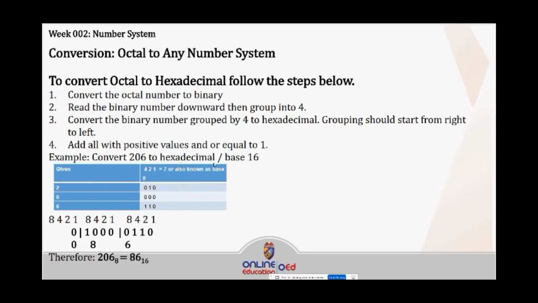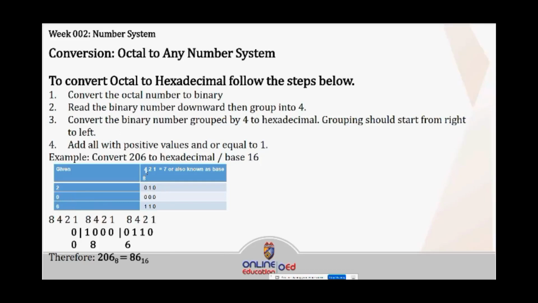Convert 206 to hexadecimal base of 16. So let's do this. 206 again, if we are going to convert it into binary, since it is still octal, we again convert: 2 is 1 here, 0, 1, 0. So this is all 0 because this is 0.